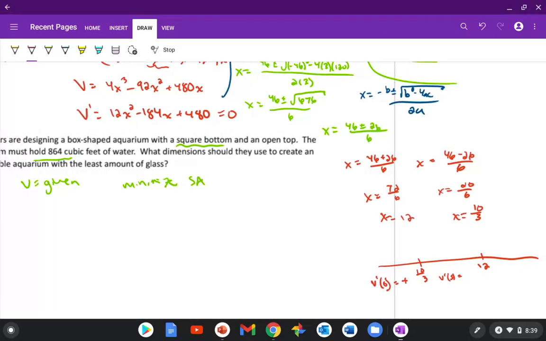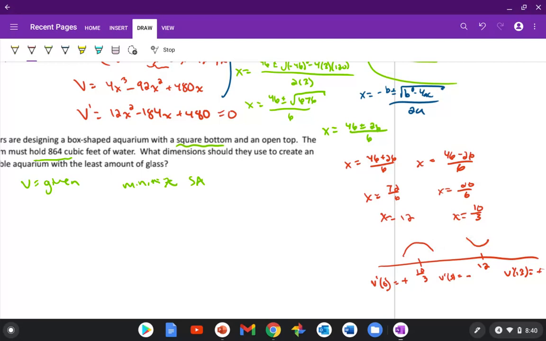So we just plug it into v prime up there. And we will get, I believe, a negative. Just double check. Yep, we get a negative. And then if we did v prime of 13, we'll get a positive. So what we would have happen there would be increasing to decreasing, decreasing to increasing.